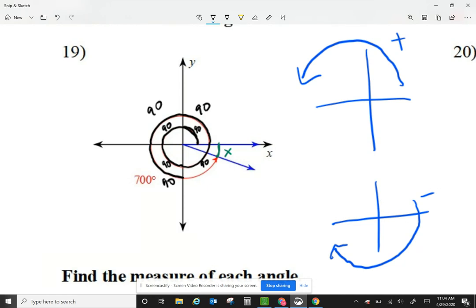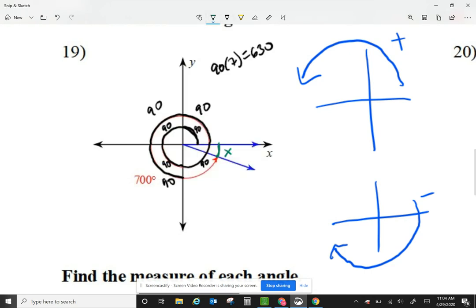I have, let's see, 1, 2, 3, 4, 5, 6, 7 90s. So far, I'm just going to go 90 times 7 is 630. So in black, I have 630 degrees because I'd have 7 90s. Now, notice how my angle originally, the whole red angle is 700. And I said in black, I went 630.